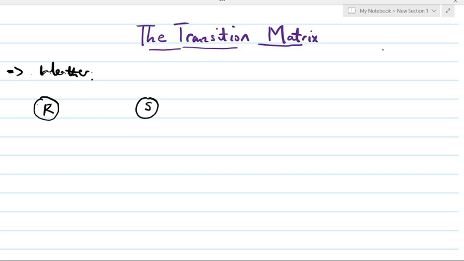So if the current weather is R, the probability that tomorrow's weather will be R, you can see the arrow, is given as 0.4. That means the probability that the weather will transit from rainy to sunny will be 0.6, because the addition of the two must give us 1.